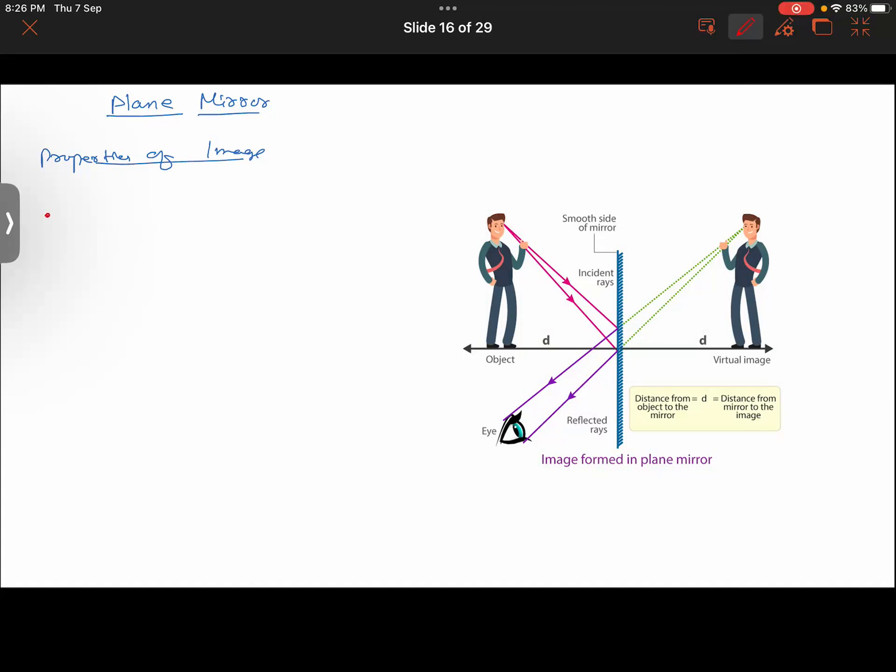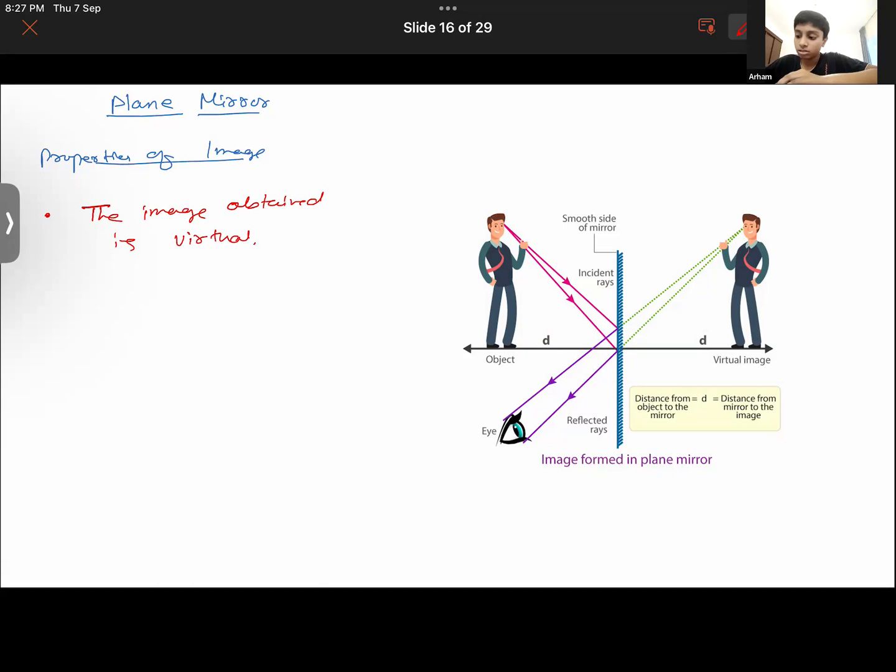The first property is that the image obtained in a plane mirror is virtual, which means it is not actually there. That's why you call it virtual. As soon as you move away from the mirror, or sideways, you are no longer seen in the mirror.